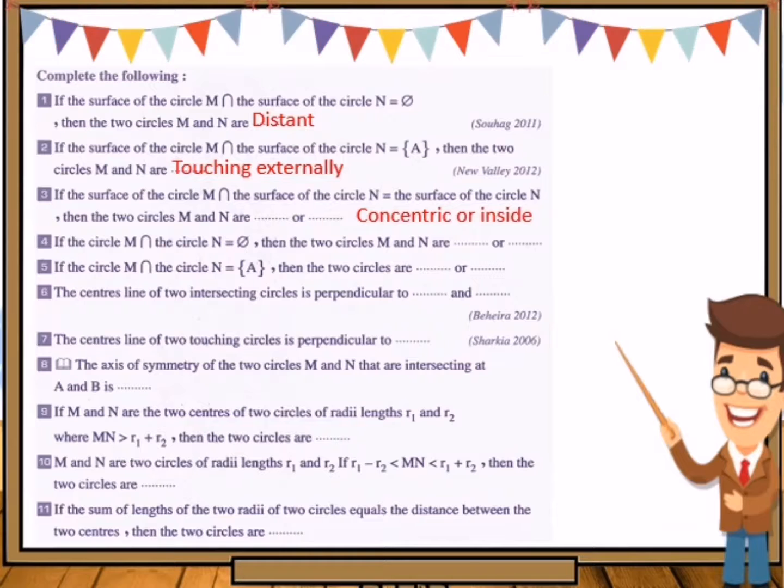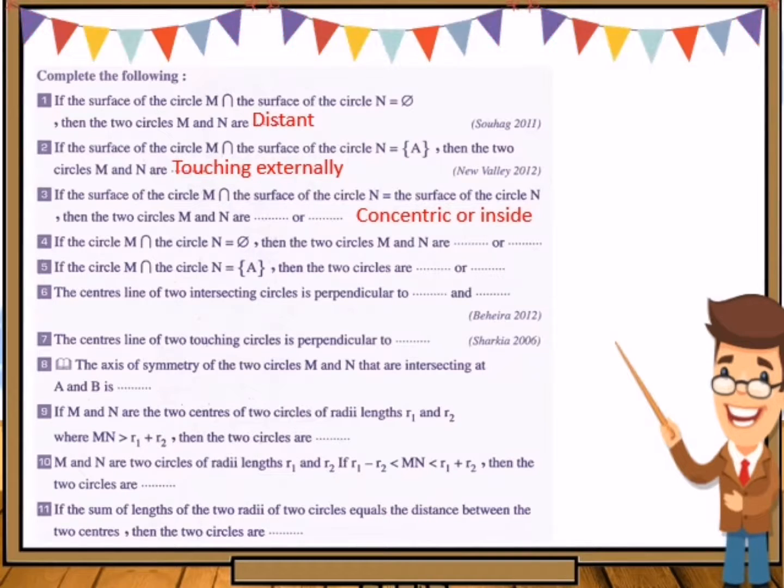Number 4. If circle M intersects circle N equals phi, we have 3 cases for this position: distant, or inside, or concentric.